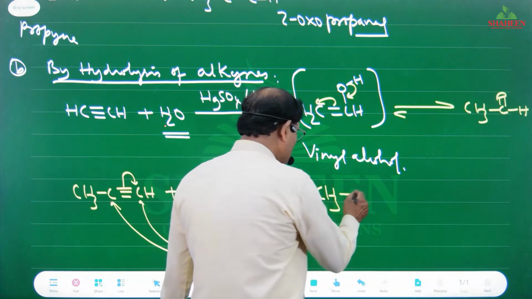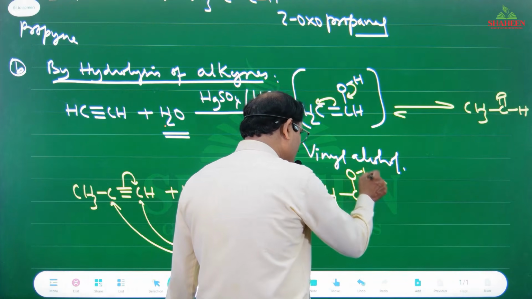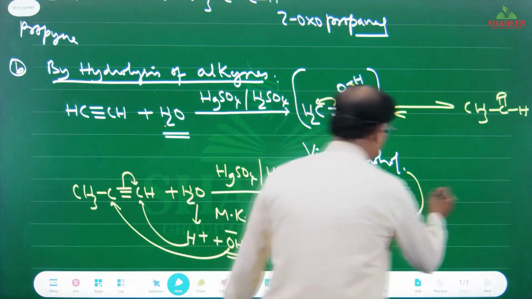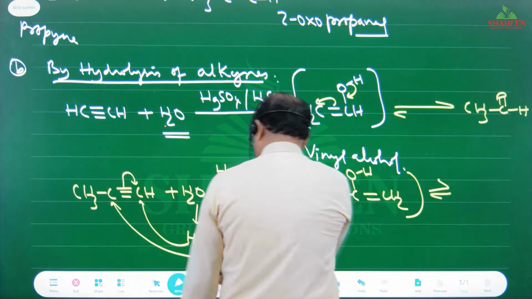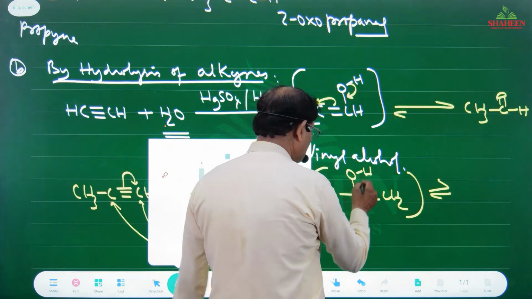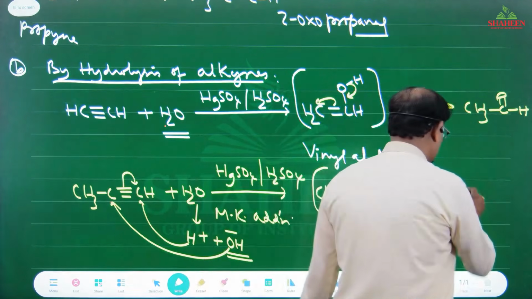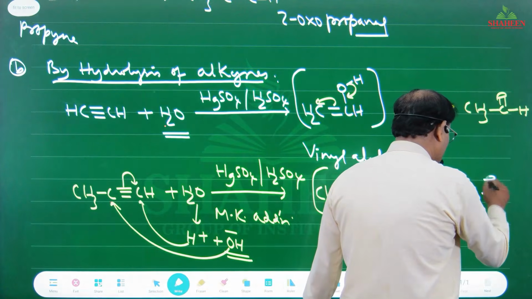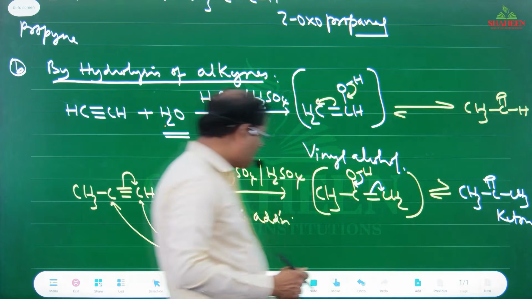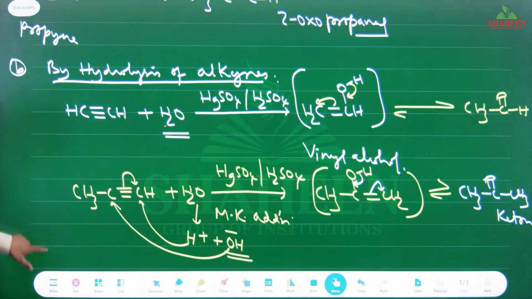And we have CH3, OH and double bond CH2. This is also unstable and undergoes tautomerization, or tautomerism, and produces a ketone. CH3, C double bond O, CH3. Here the ketone is the product, formed by Markovnikov addition.